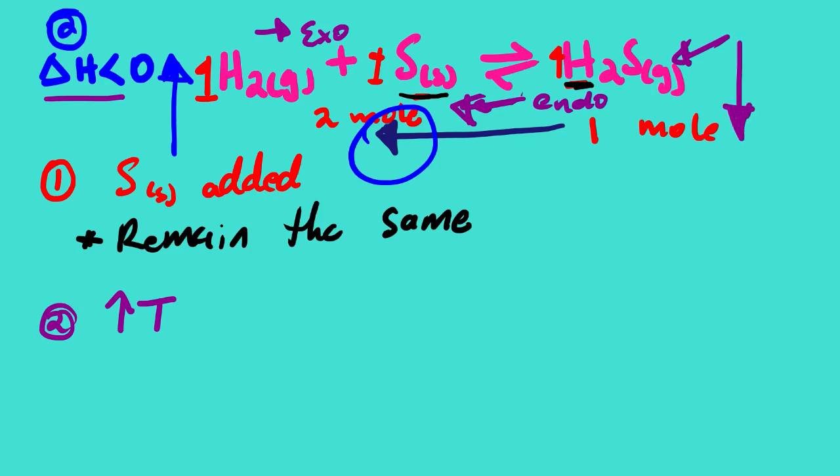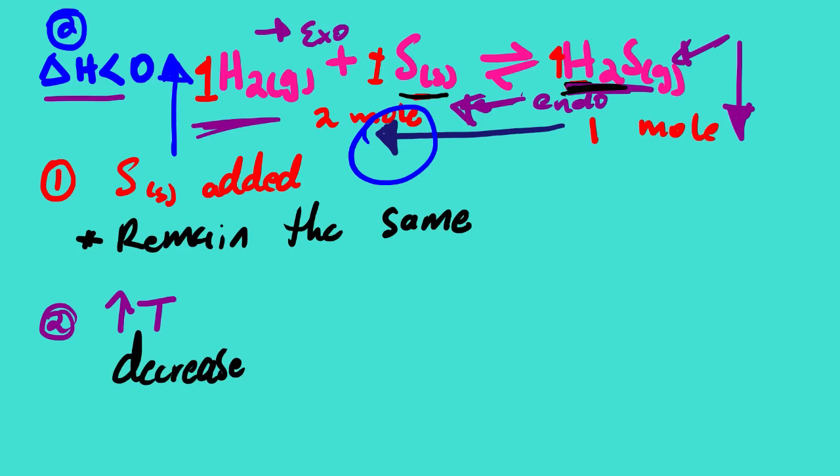So in this case, since the arrow is moving from the H2S to the reactant side, it means that this will be decreased and then this will be increased. So in this case, it decreases. That is the answer. The number of moles of this will decrease. I hope you can see this.